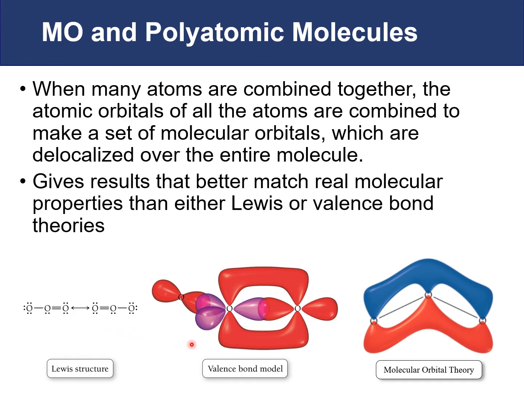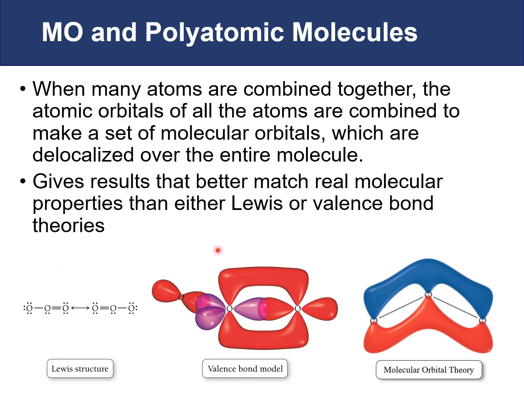For the valence bond model, the bonding is occurring through the overlap of atomic orbitals, which means that our pi bonds are between 2 atoms with a sigma bond in between, but that does not extend to the other atom. So in the case of ozone, our Lewis structure would look like this, having 2 different resonance structures.